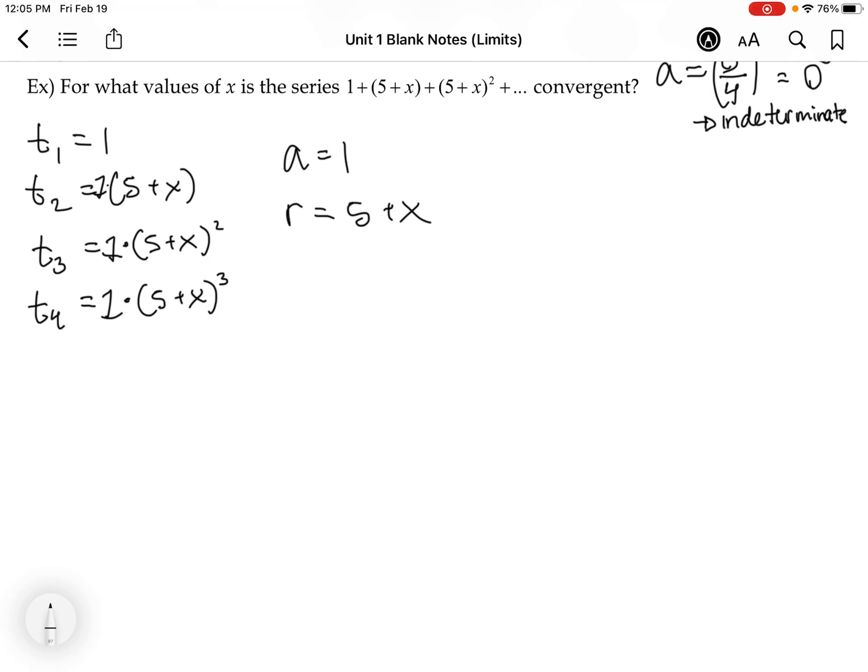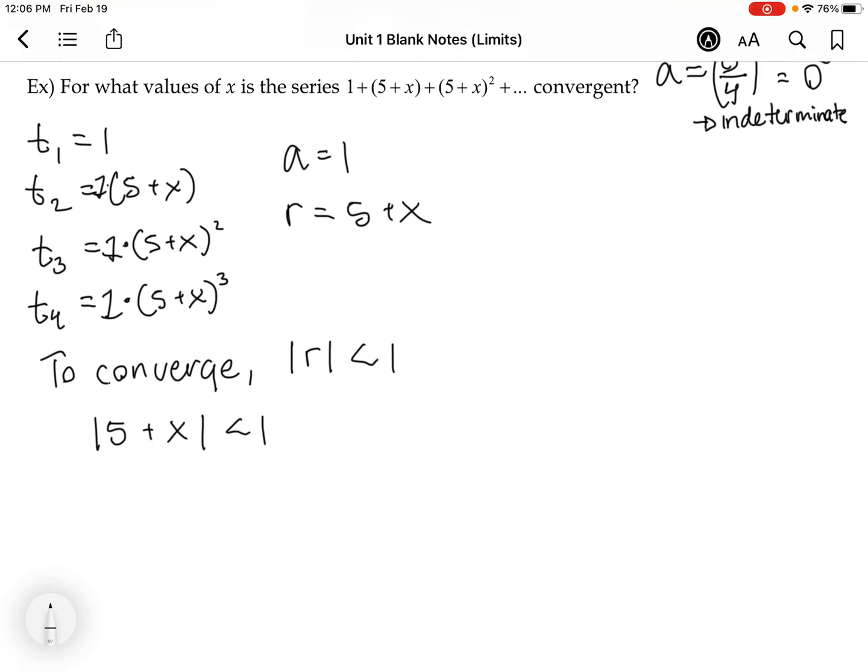Okay, again, for convergence, the absolute value of r must be less than 1. So r is 5 plus x, and its absolute value must be less than 1.